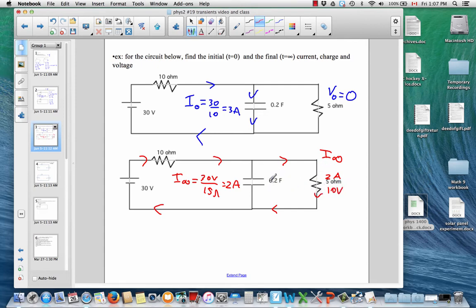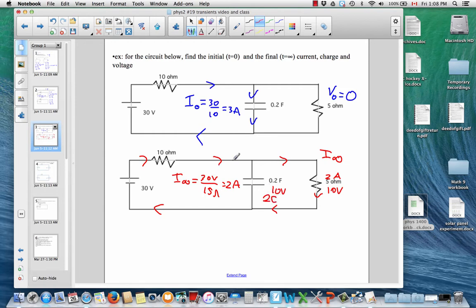Therefore, by Kirchhoff's law, there must be a 10 volt drop across this capacitor, and then you can solve for the charge that's stored. So you're not going to get all of the 30 volt drop across here just because there's a path for current to follow at infinity. Q will be the product of the capacitance and the voltage, so there'll be 2 coulombs of charge built up on that capacitor.